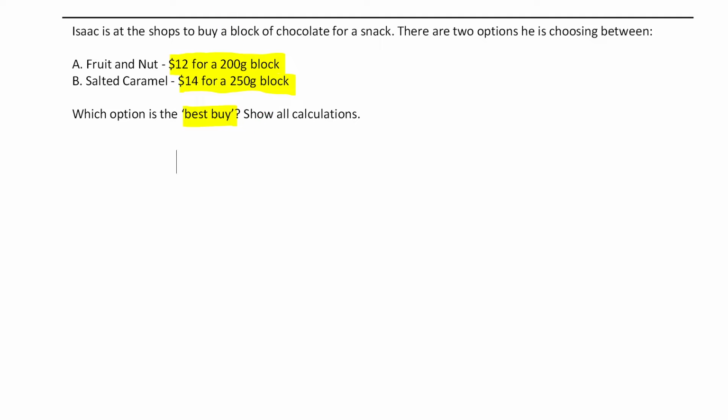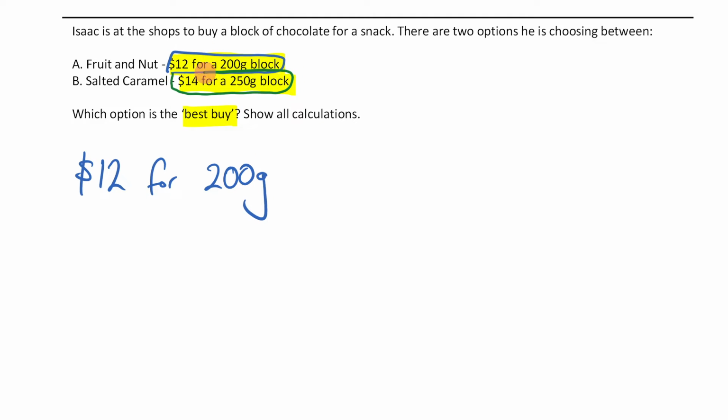Show all calculations. All right, so again, we have this one right here, $12 for 200 grams, and we also have this one, which is $14 for 250 grams. It wouldn't make much sense to try to get them to one gram each, because they're in grams.